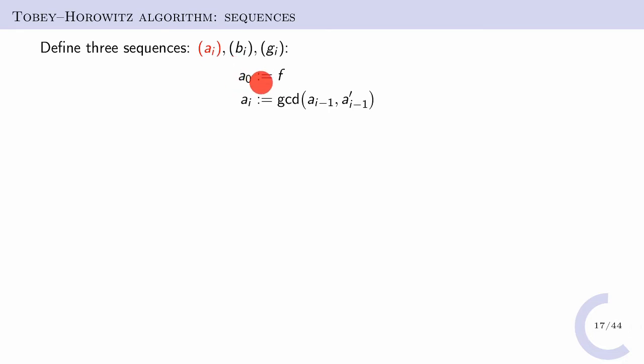We take a0 to be the polynomial f, and ai to be the greatest common divisor of its predecessor and its derivative. I will derive the formula for a1, and this formula can be successively, inductively generalized for all other ai.